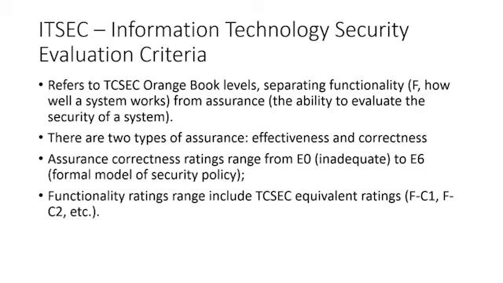Now, assurance correctness ratings range from E0 up to E6. So they have a different classification scale than we do. And then the functionality ratings are given with an F label, like FC1, FC2, FC3. So they have two different labeling systems, if you want to look at it that way, right? The functionality and the effectiveness.